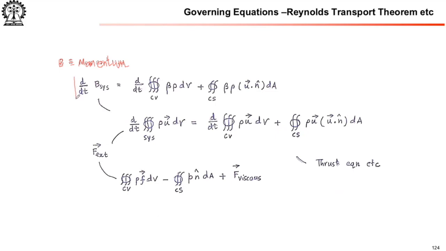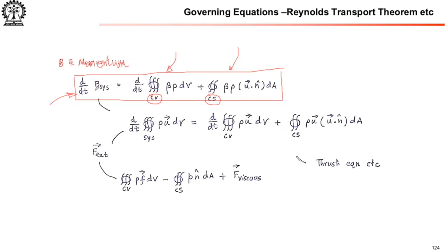If you remember again, the starting point for this whole method is that we move from the system to the control volume. This CS is still related to the control volume because it is the control surface, which is nothing but the surface of the control volume. So the integral form gives us a way of relating the system description to the description within and across the control volume: within the control volume, and across the surface of the control volume.